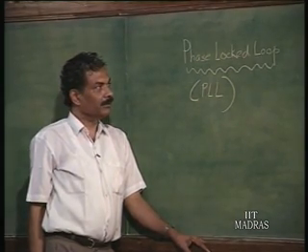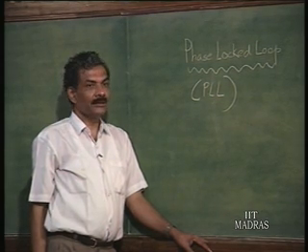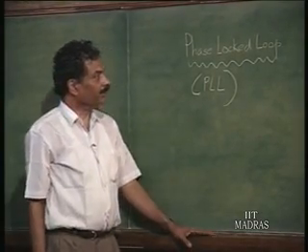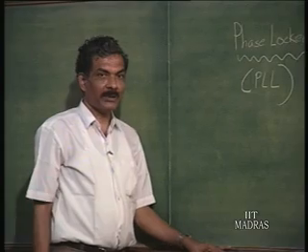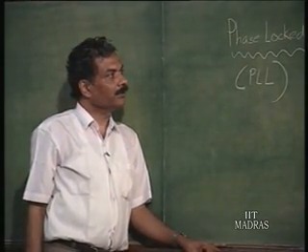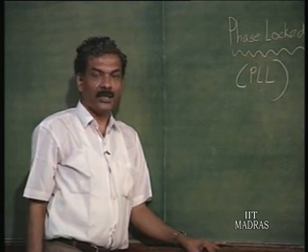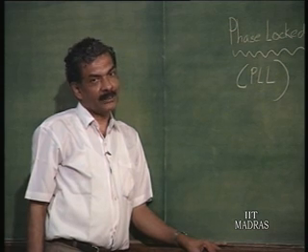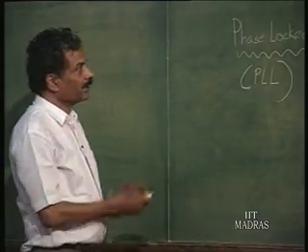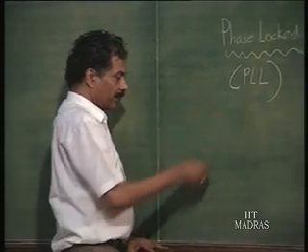This has become very popular because such a phase lock loop is available as an integrated circuit, and it can achieve a large number of communication as well as control systems like speed control, frequency synthesis, FM detection, AM detection, etc. Therefore, let us see the basic principle of what is called a phase lock loop.